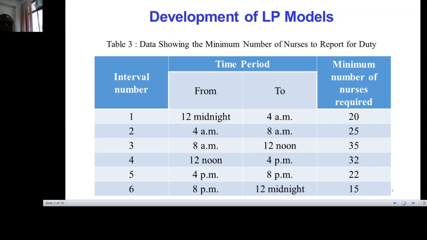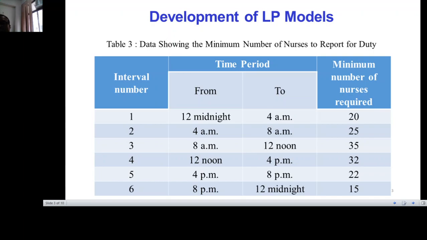Similarly, here those who have arrived at 4 am will go at 12 noon, and the requirement is 25. And those who have arrived at 12 midnight will also go at 8 am, 8 hours duty.